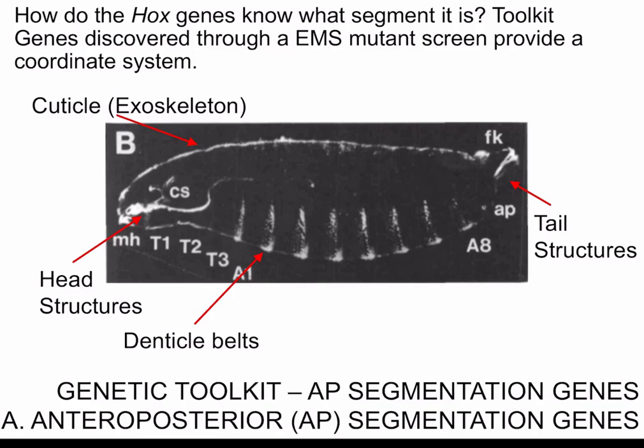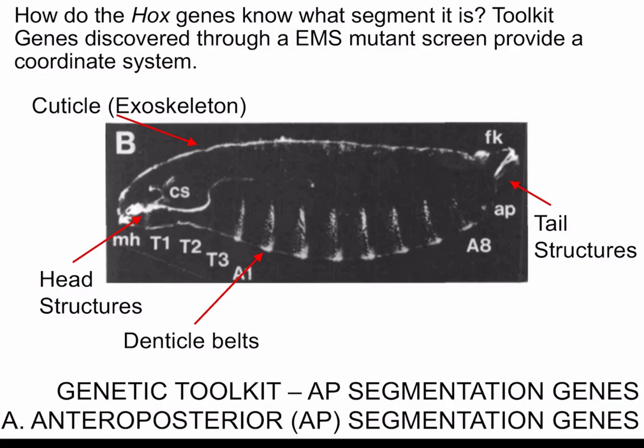Furthermore, as we discussed before, for developmental genes most mutants are going to cause lethality, and those embryos will die during embryogenesis and will never reach adulthood. So you may never even observe many mutants because of the embryonic lethality they cause.